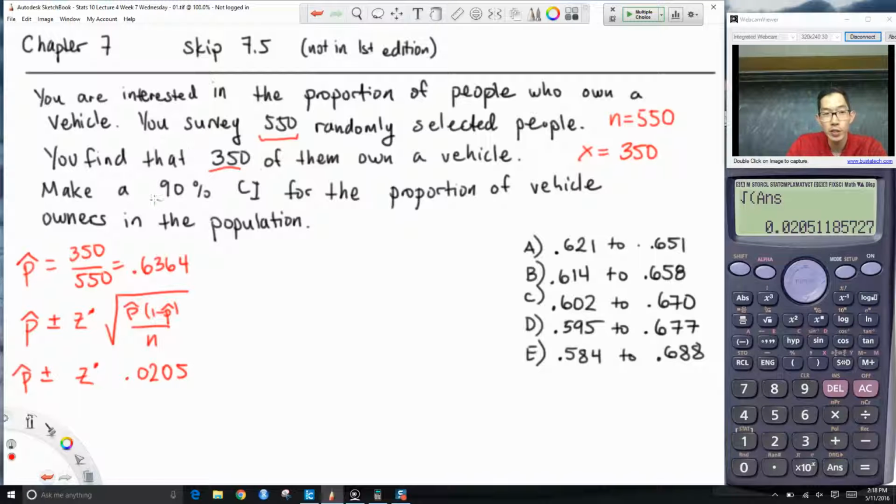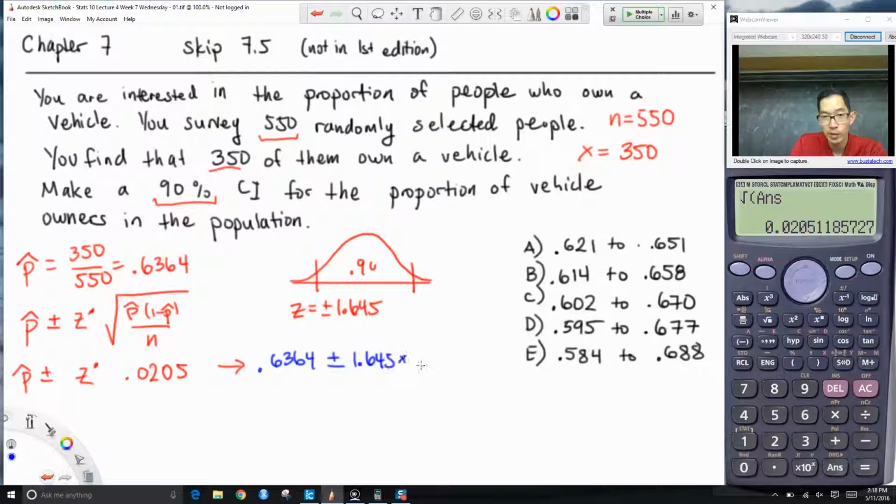All right, and then for a 90% confidence interval, if we want the middle 90%, then our cutoffs are at z equal to negative 1.645 and z at positive 1.645. So with all of our numbers plugged in, I've got 0.6364 plus or minus 1.645 times 0.0205.